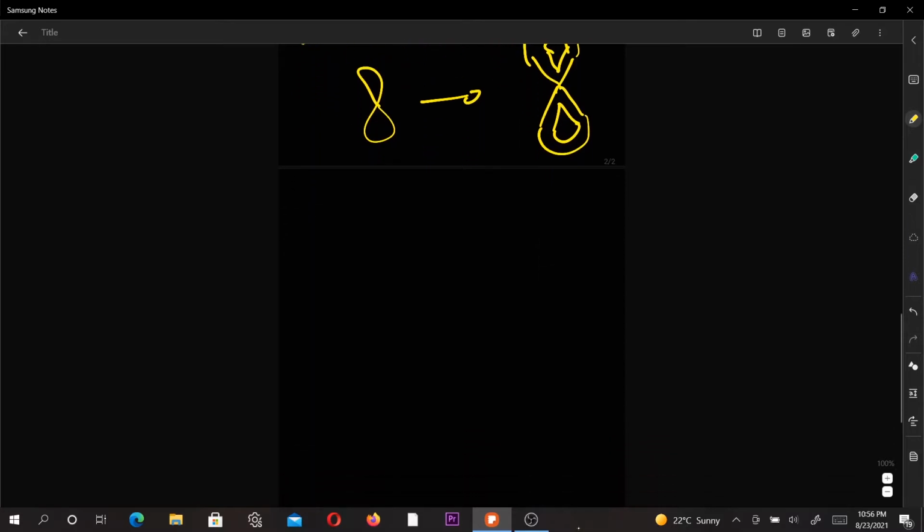So now, what does the expression of free energy look like? That is the question. So the free energy expansion looks something like this.